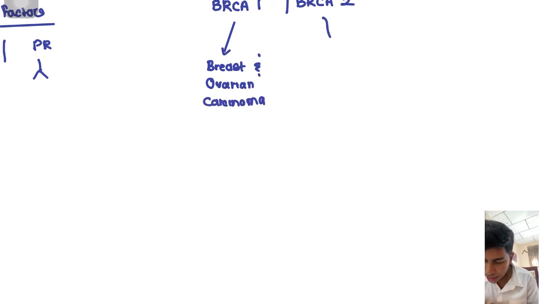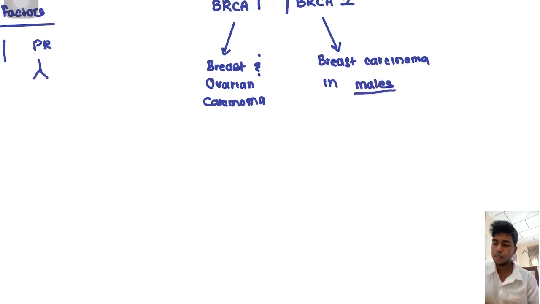Okay, if the BRCA2 gene is abnormal, it indicates that there is a risk of breast carcinoma in males. This is important, and remember this: male breast carcinomas are rare, but they are way more malignant than in a female, because a female actually has breast tissue which serves a function.